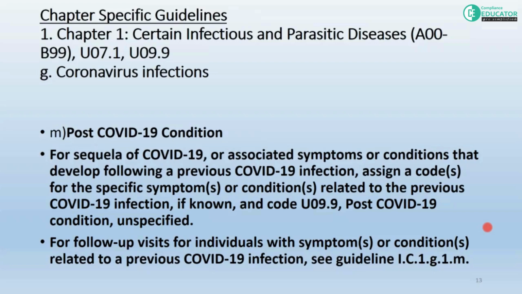Now, that goes against me a little bit, and if it does, you're not alone. Because what we're seeing is they're telling us to code the signs and symptoms. For example, the patient has a loss of taste and smell, and then we use a code basically saying these are post-COVID conditions unspecified, except no, we just told you what they were, but that's the way the code reads. That's what they're telling us to do.